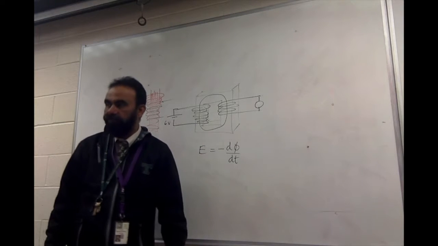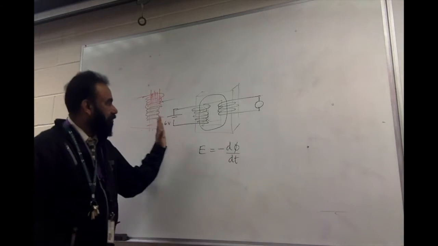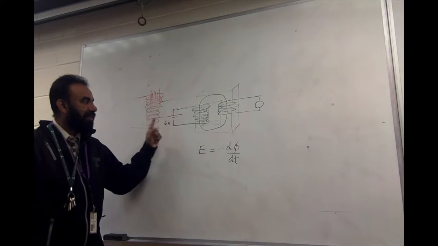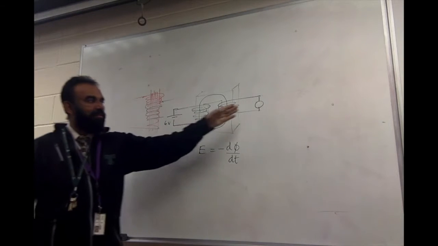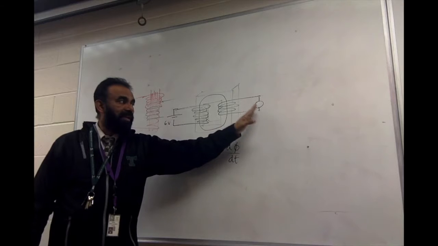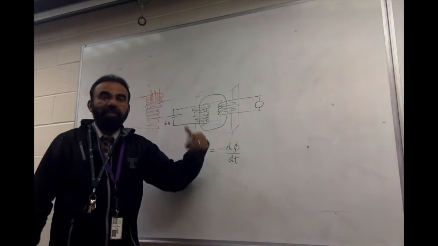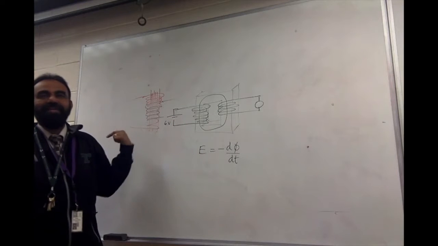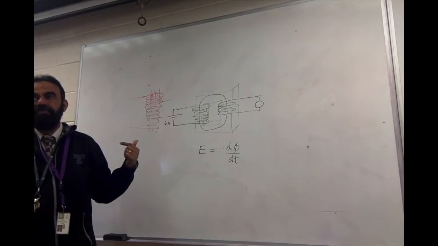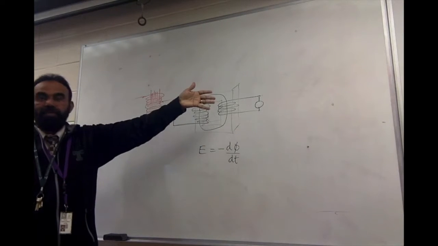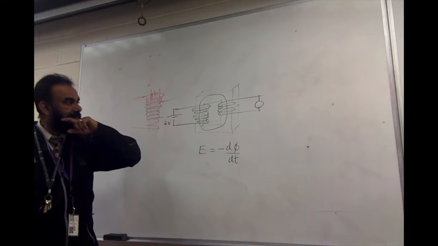Make sense or not? So if you have a DC connected to a transformer, you will not get anything at all. Yes, you will have flux and all that here, but there won't be any EMF induced. And when will EMF be induced? Only when you disconnect it or connect it. But when you disconnect it, you will get a bigger EMF for the reasons I just said.